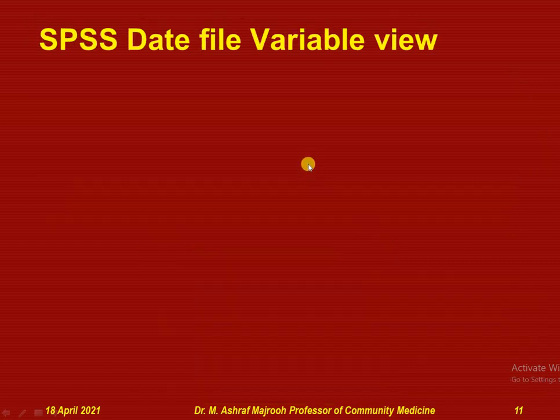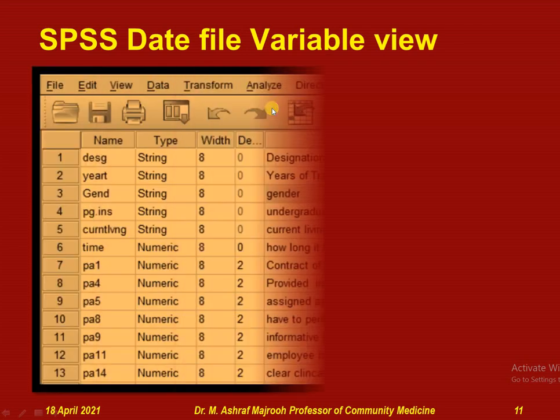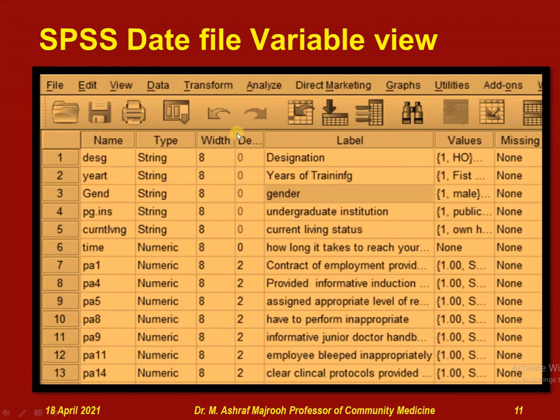The SPSS data file variable view is interesting to note here. This is the SPSS variable view. The variables are coded. First is the short name of the variable, then is the type of the variable, then is the appropriate label, the detailed label of the variable, and then the value labels.